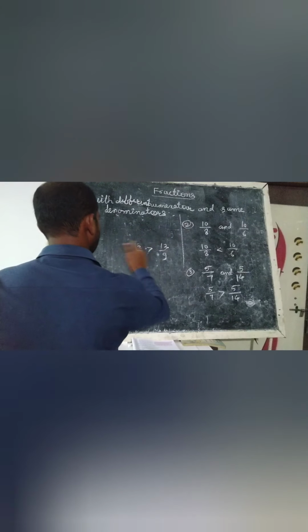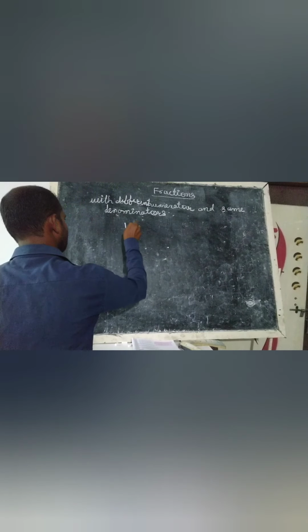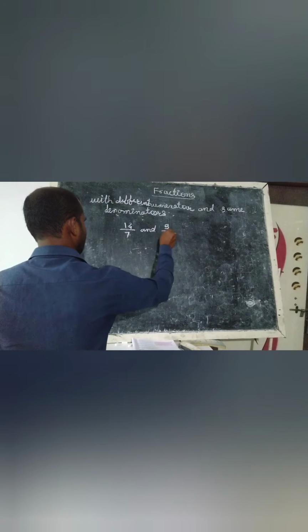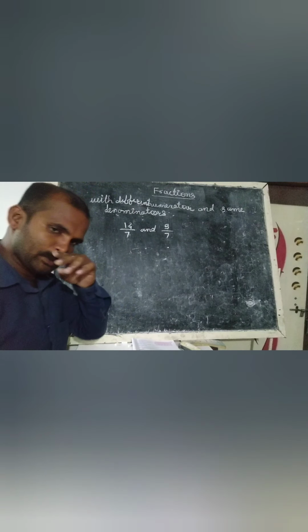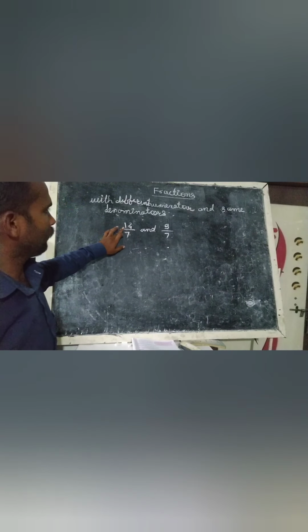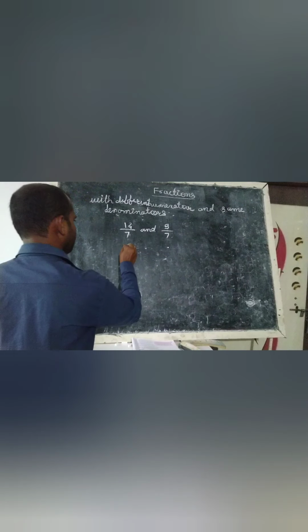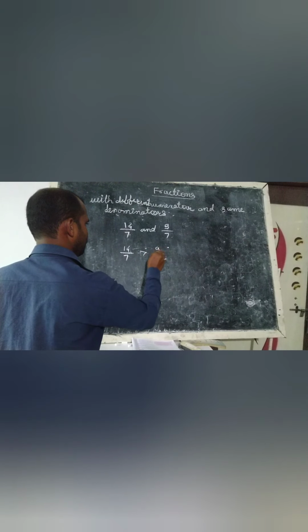So here you can now take two fractions with different numerators, that is 14 upon 7 and 9 upon 7. Same denominator, different numerator. So here the greater the numerator, the greater the fraction, because 14 upon 7 is greater than 9 upon 7.